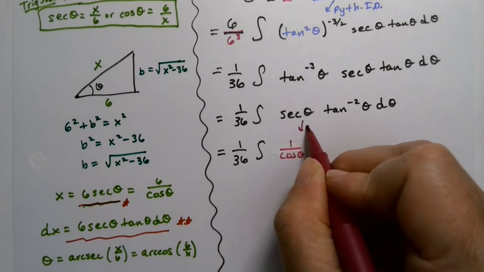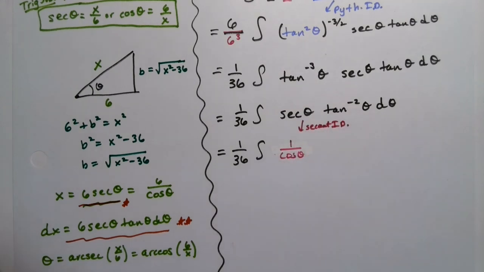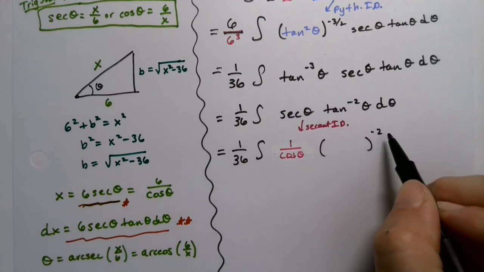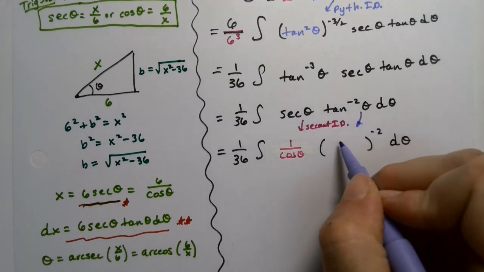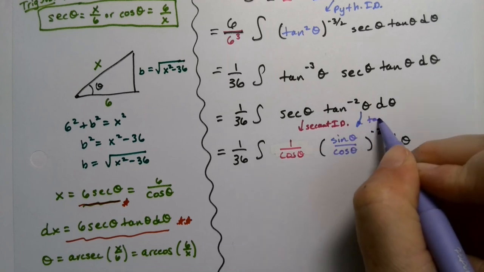That's the secant identity. And then tangent is sine over cosine, right? So I could write that as sine over cosine. And that's the tangent identity.